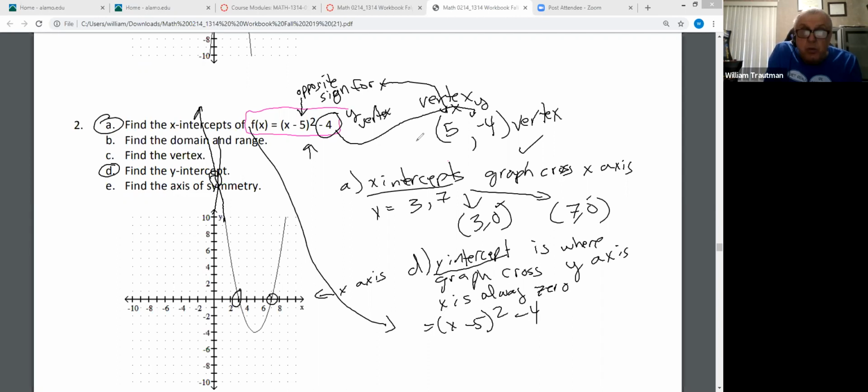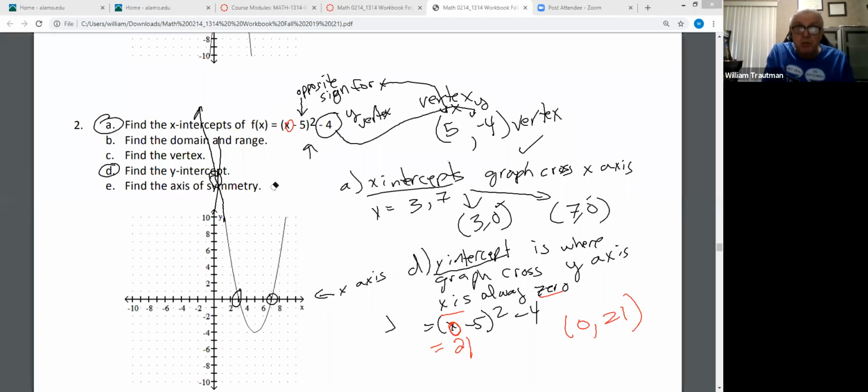If x is always 0, I put a 0 in here and do the math on my calculator. 0 minus 5 squared is 25. 25 minus 4 is 21. So the y-intercept is x is 0, y is 21. Do you see? We just put the 0 in here, and it tells you y equals 21 when you do the math.